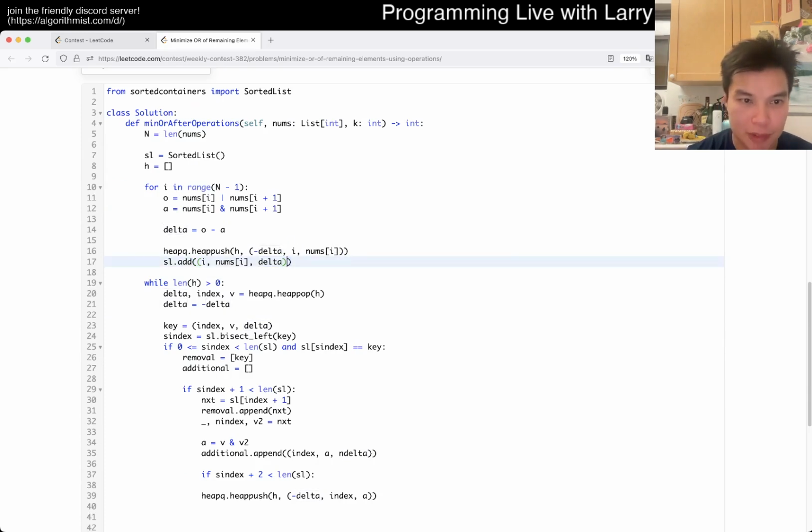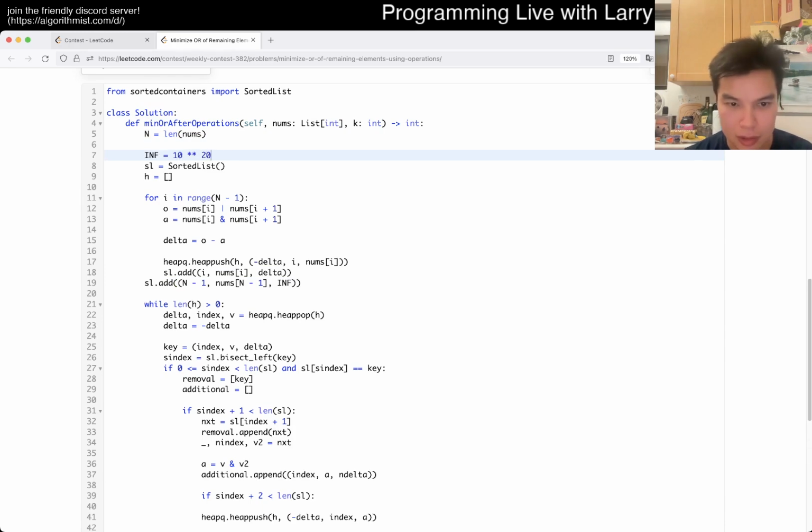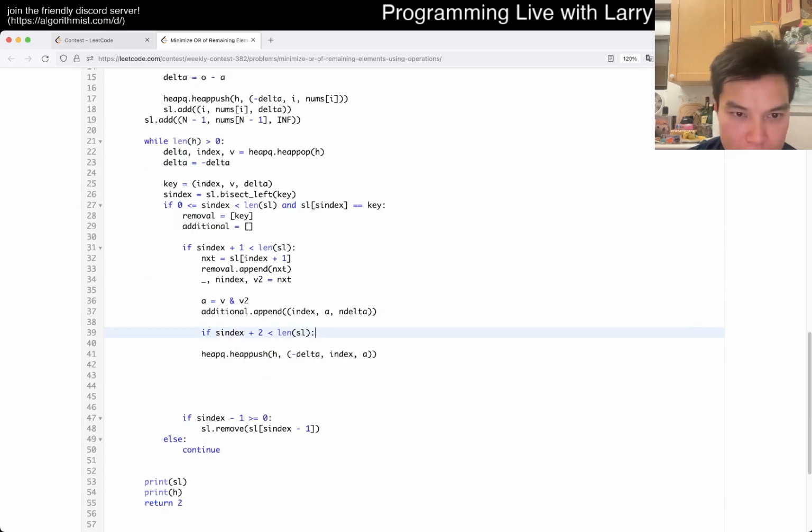Okay, I think that's how I get confused. What's the delta in this case? I guess it doesn't matter. We will never use this in the heap, so okay. Right. So we have to put this back.